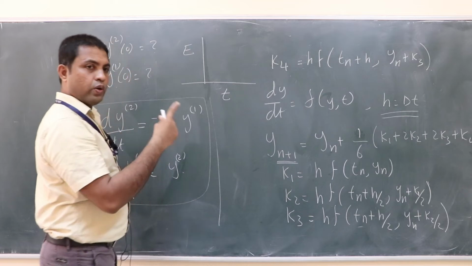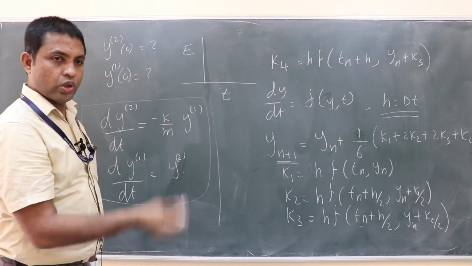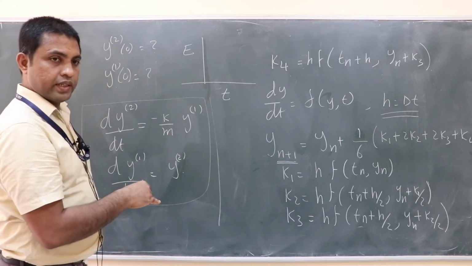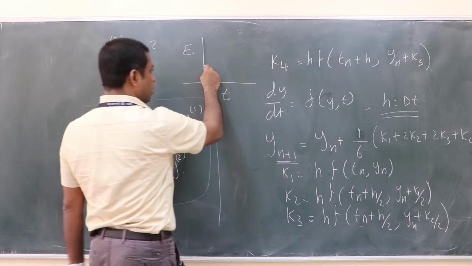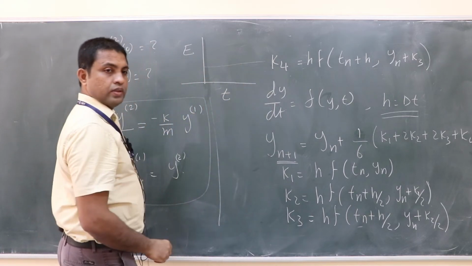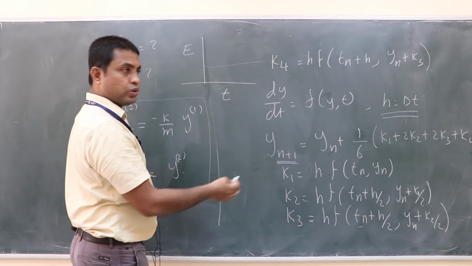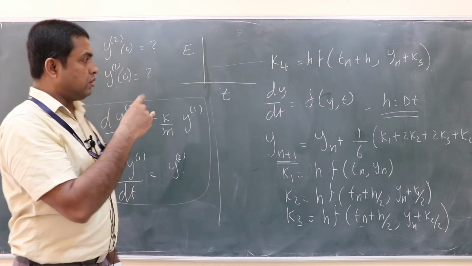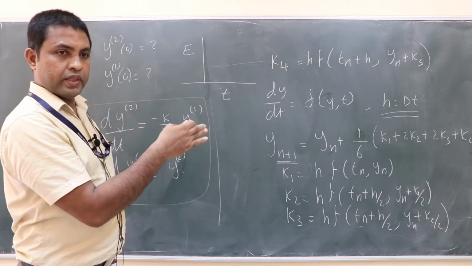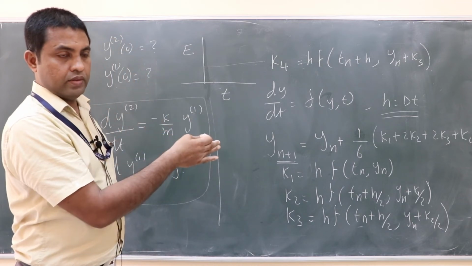Then using the Euler method, calculate x and x dot, and from that calculate the energy. That also you plot. Then do the same from RK4. When you do the Euler method and the RK4 method, use the same delta t or h.